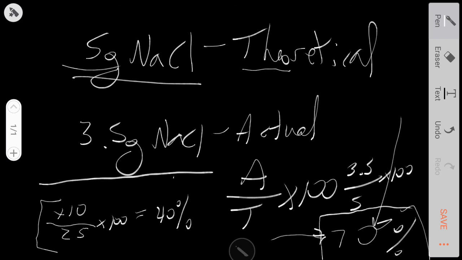So for those of you who did the lab and you got a very high percent, I think the highest percent was 98%, which was very good. But if you're getting less than that, it's fine. But if you're in the 40% range, 30% range, there's something obviously wrong. And that's why it's like, hey, what did you do? Oh, I poured some down the sink. And then I'll say, where in the instructions did it say to do that? It didn't.